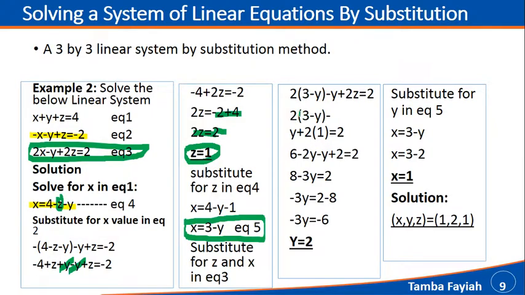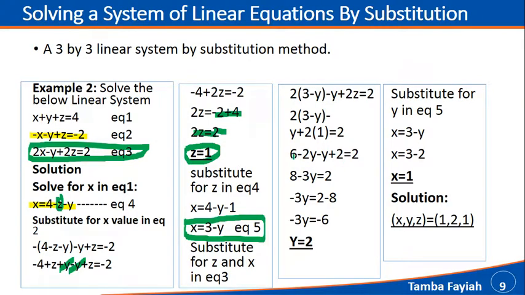So I come on further to simplify. Substituting the value of z equals 1, I will get 2 times 3, 6. 2 times minus y gives me minus 2y, and then the minus y, and then 2 times 1 is plus 2, equals 2.